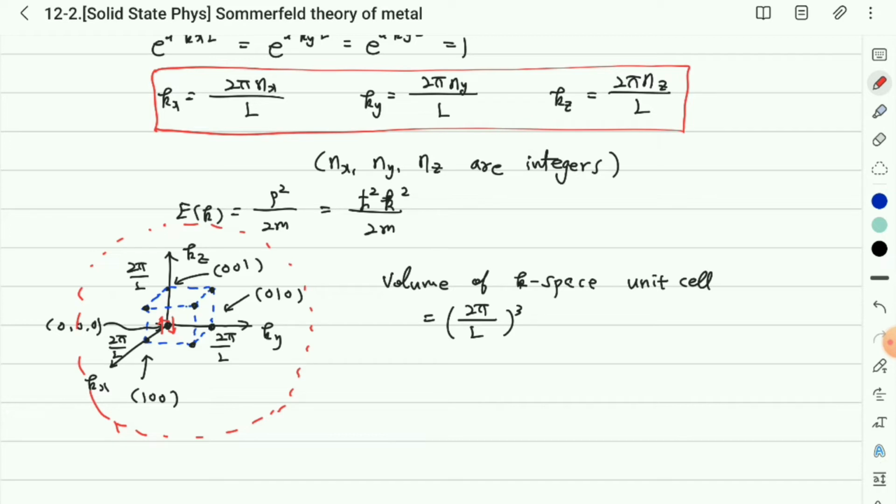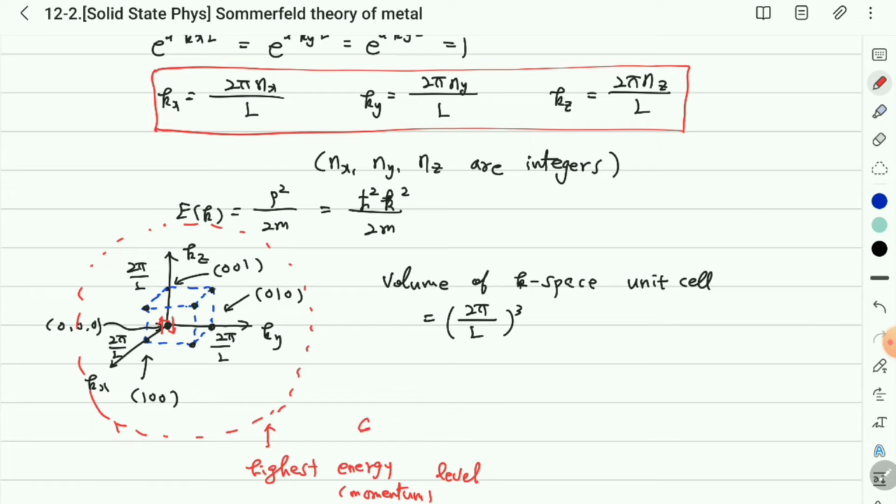Therefore, because there are a huge number of electrons, they can occupy from the ground state to higher energy states, and the highest energy level, the highest energy or momentum at ground state, is the Fermi level.